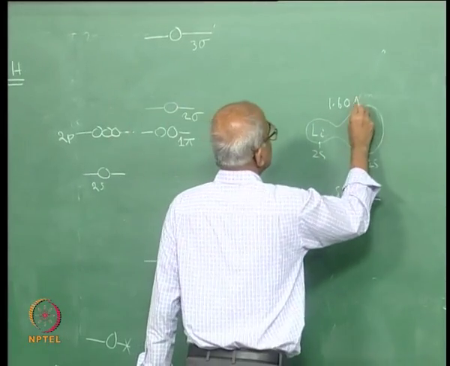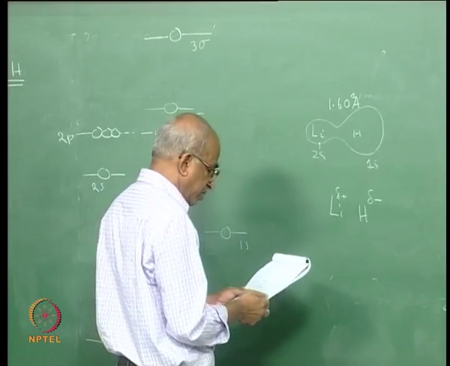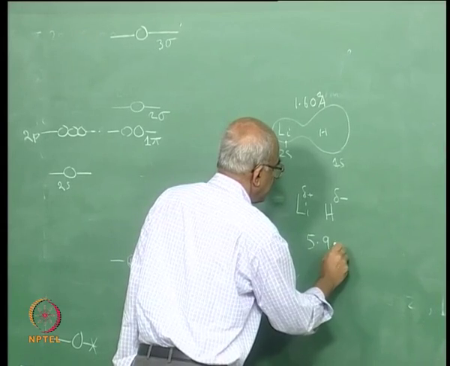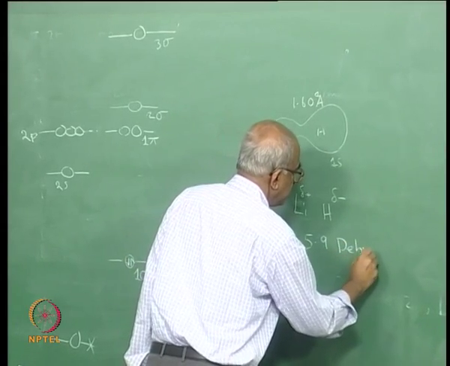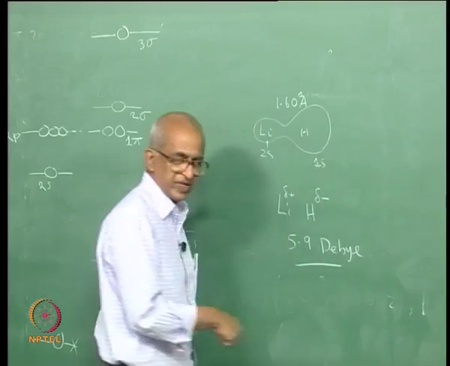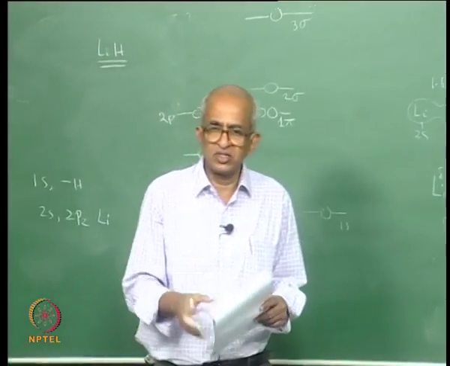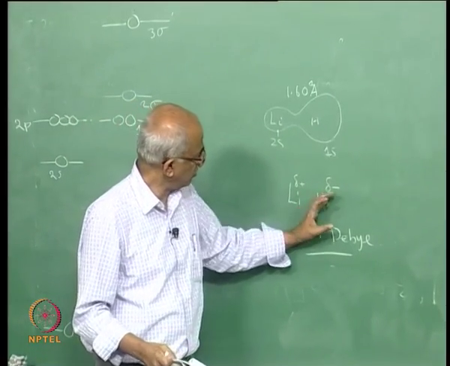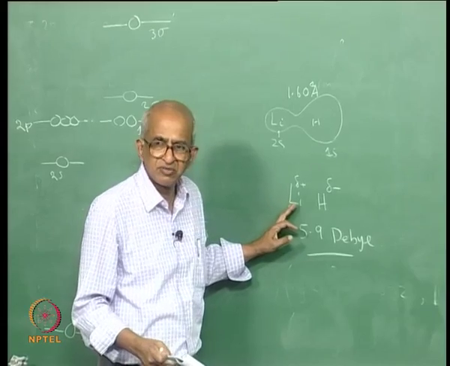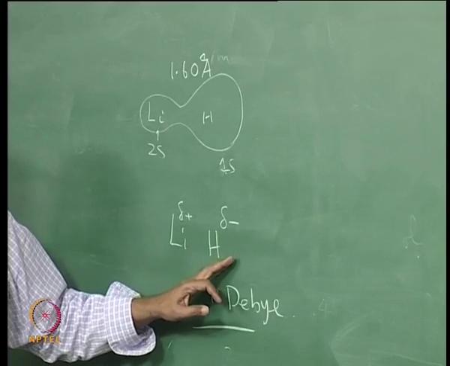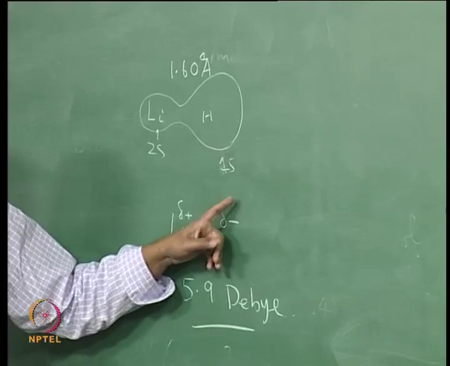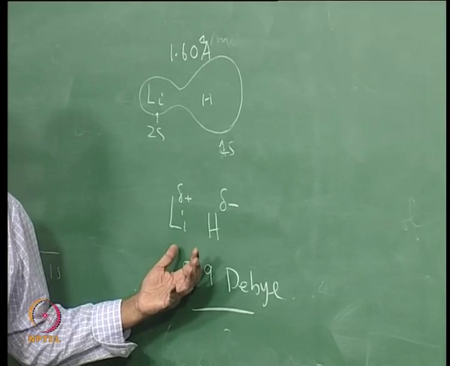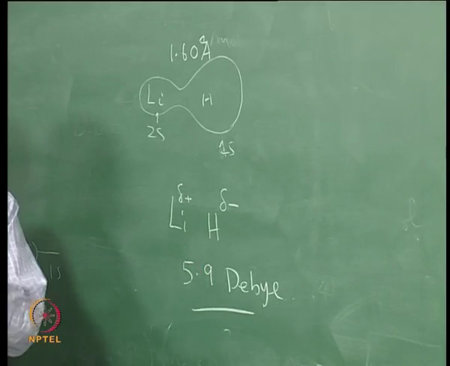You can actually measure the dipole moment, and you find that the dipole moment of the molecule is 5.9 debye, which is a fairly large dipole moment, and that is because when the molecule is formed, there is charge transfer from lithium to the hydrogen, and that is why hydrogen has negative charge and lithium has positive charge.